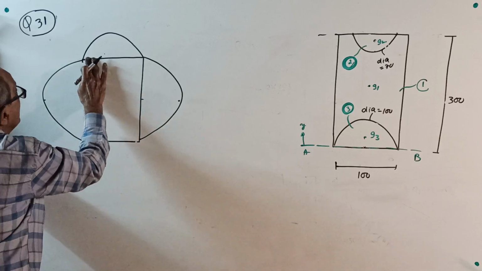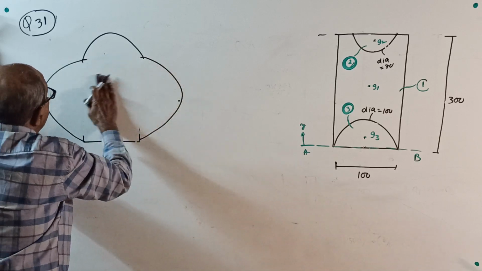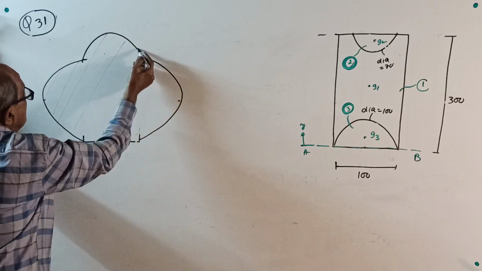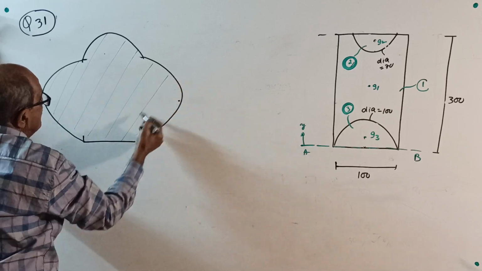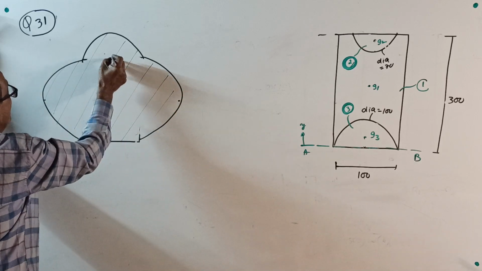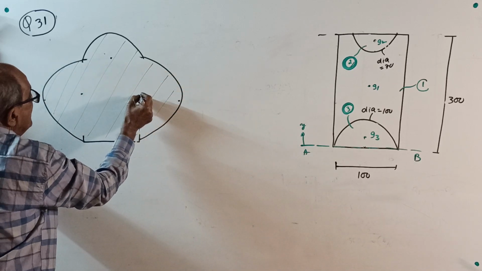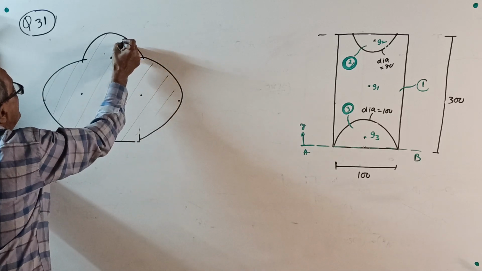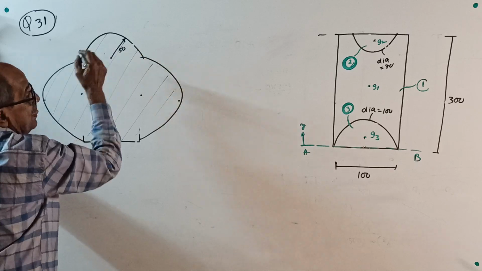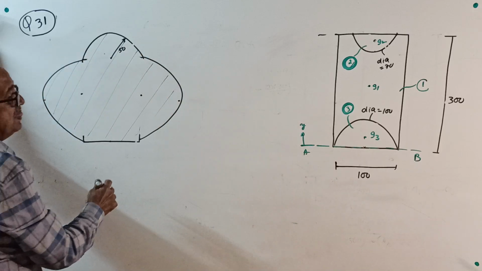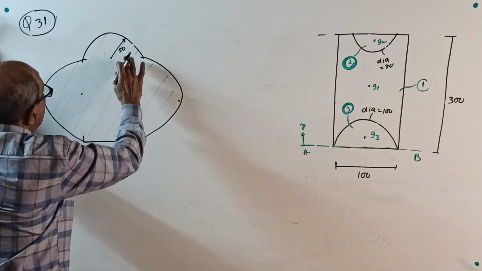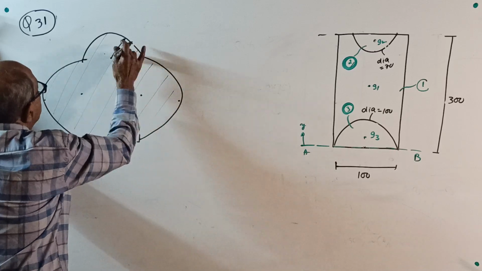This is the lamina given. Then hints are given here for you. See, this radius is 50, and I told 50 here, so radius will be 25.